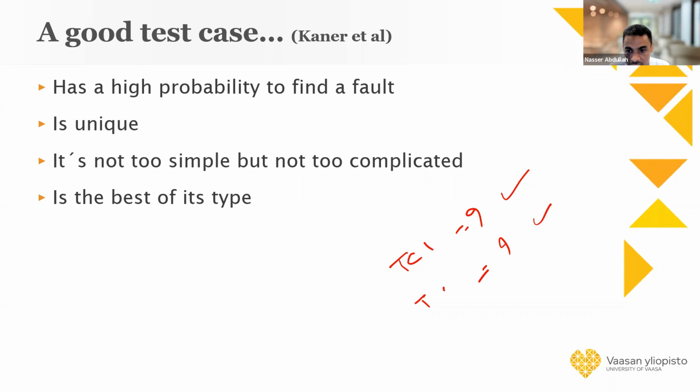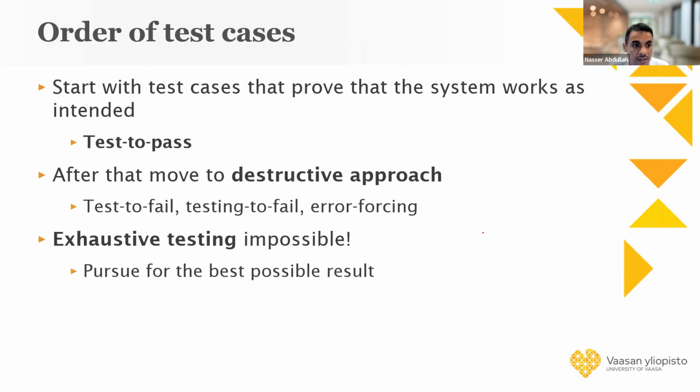For example, if you test your application with 9, of course you are interested in testing with something harder. Also, if you test your application with one method and you know there is another, more complicated method, and your application passes the first one, you are interested in testing with the harder one. You will see this in the next slide.